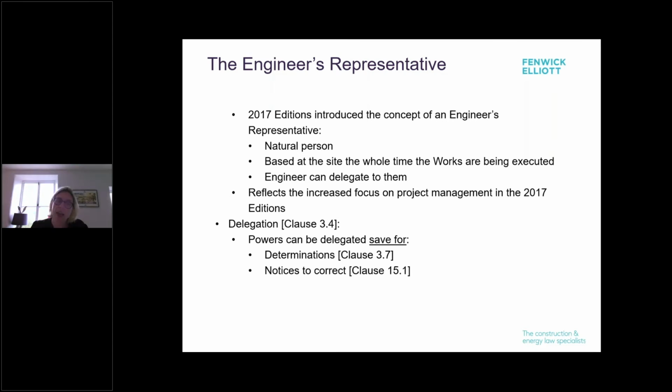But there are some really key powers that the engineer's representative cannot be delegated. And those are determinations, which, as I said, Beth will go through in detail later, along with notices to correct under clause 15.1. And as that can be a first step to termination for default, it is quite a key power. So you can see why those powers have been reserved for the engineer themselves.